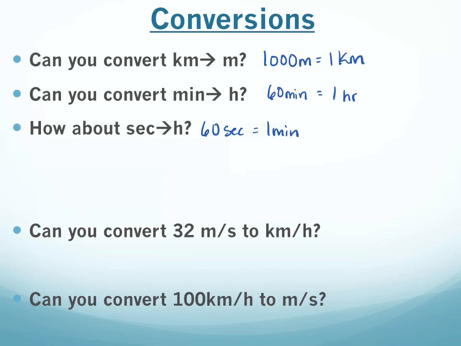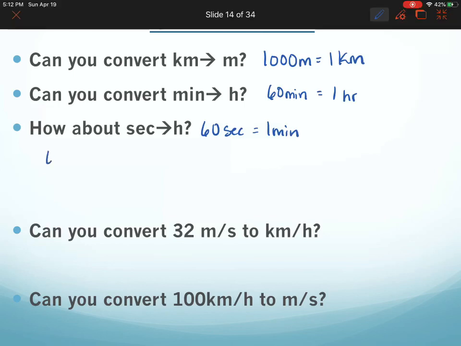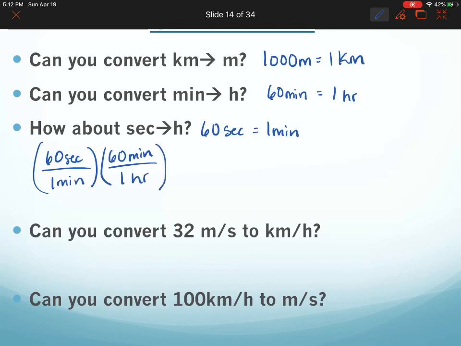Well, here's another way that I like to do it. I really like to do this factor label method. You probably learned it in math class. All right, so I know for every 60 seconds, I have 1 minute, and I also know that for every 60 minutes, I have 1 hour.